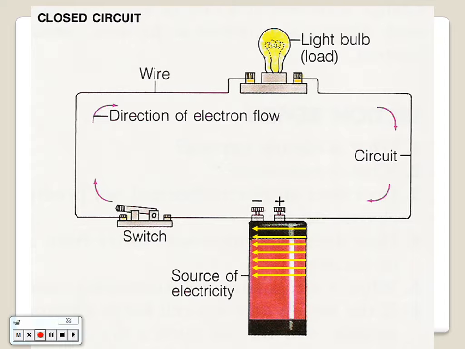So let's talk about what a battery does. Different types of batteries are measured in voltage. Batteries supply energy to the circuit. Okay? Like I said, batteries come in different voltages. The small round batteries that most of you use at home, AA, AAA, C batteries, D batteries, those are all 1.5 volt batteries.